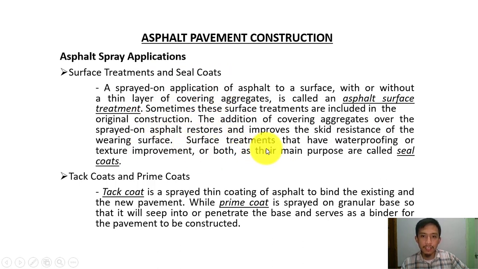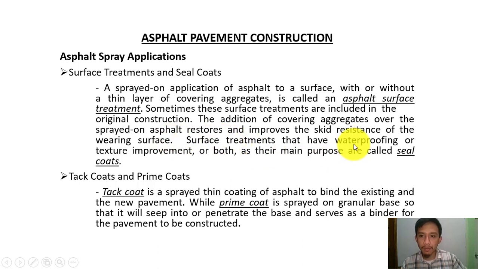Surface treatments that have waterproofing or texture improvement, or both, as their main purpose are called seal coats. So what we discussed here is a surface treatment, and then we have a specific name for that type of surface treatment.